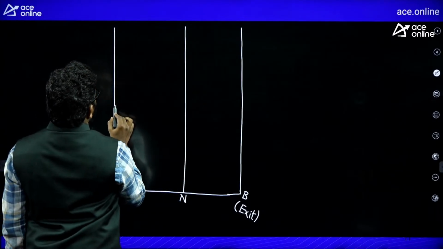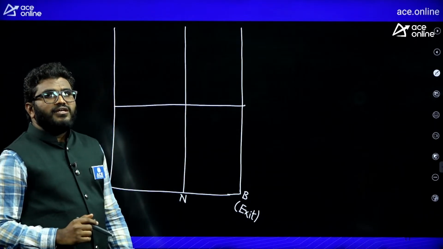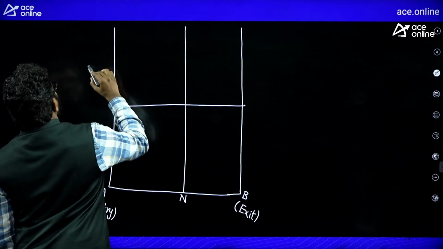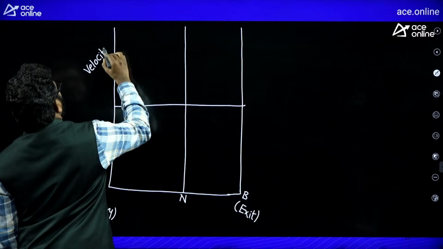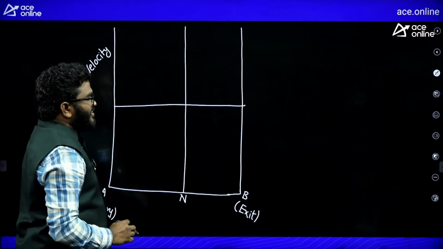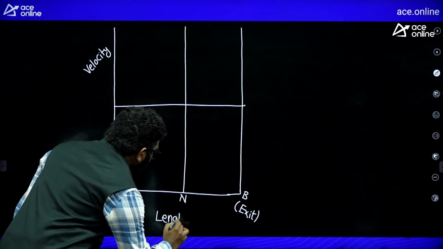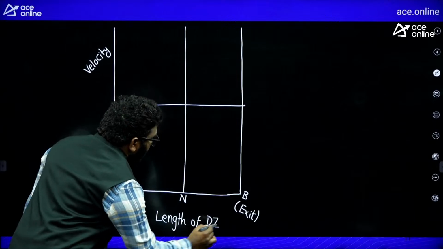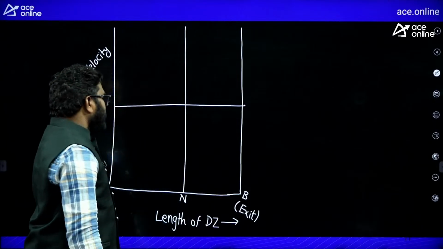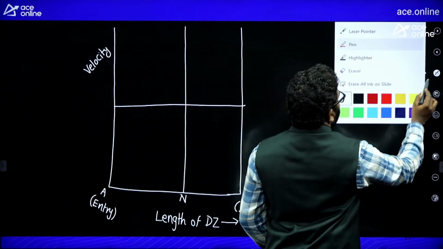Now here I will explain two profiles. One is a velocity profile, second is a slip profile. So first let us consider velocity on the y-axis and length of the deformation zone on the x-axis.